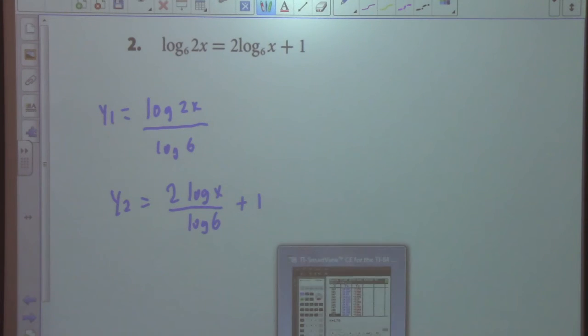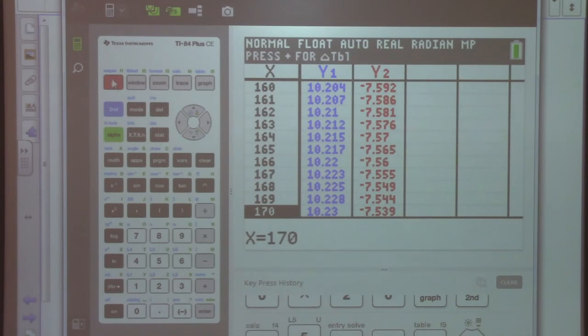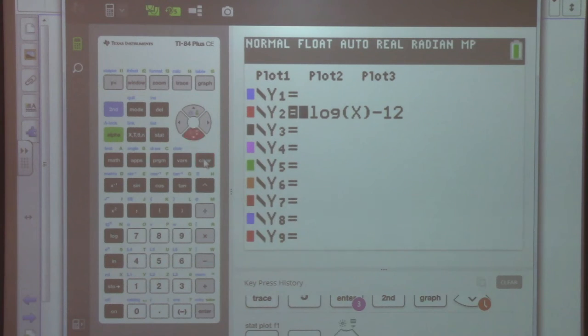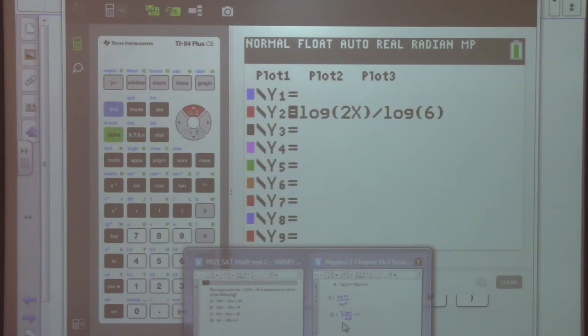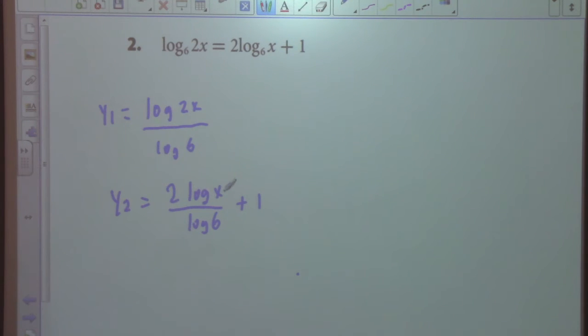There we go. Log 2x over log base 6. So log 2x, log 6. So there we have that one, and then the other one is 2 log x over log 6 plus 1.